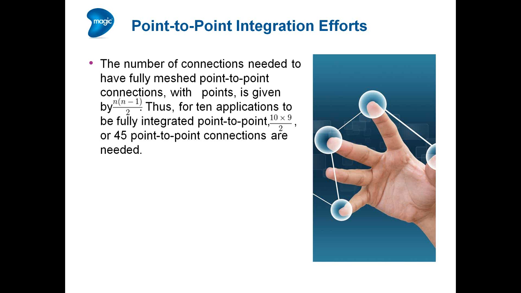As you look at the number of enterprise systems that you have in your environment, the number of point-to-point integration programs that have to be maintained can really grow out of hand very easily. If you have 10 systems, then you're looking at 45 point-to-point connections that are needed.